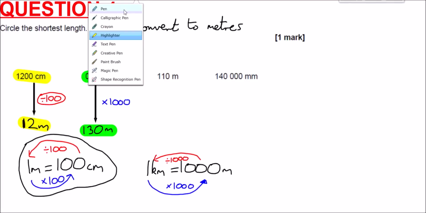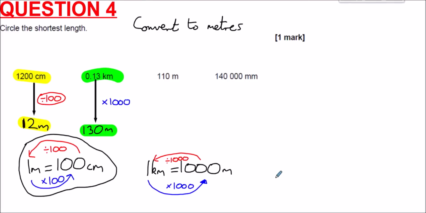The final one we need to convert and look at is millimetres. And for this one, again, we need to know how many millimetres is inside 1 metre, and the answer to that is 1,000. So again, to change from one to the other, we're going to multiply or divide by the number that isn't 1, in this case 1,000.